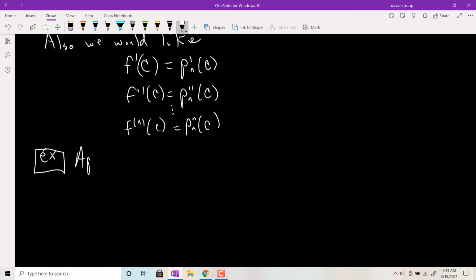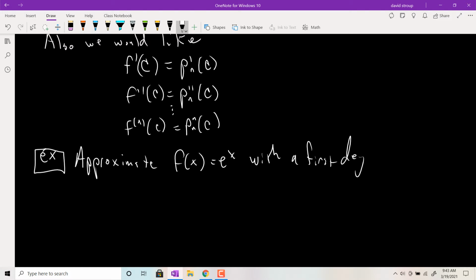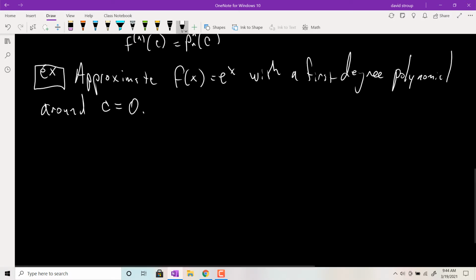First we're going to approximate f of x equals e to the x with a first degree polynomial around the center c equals 0.